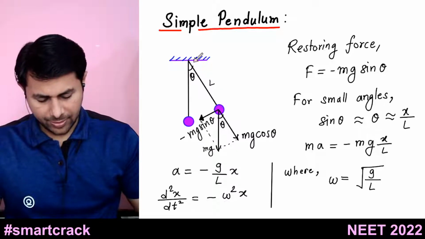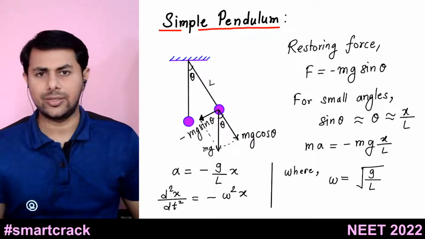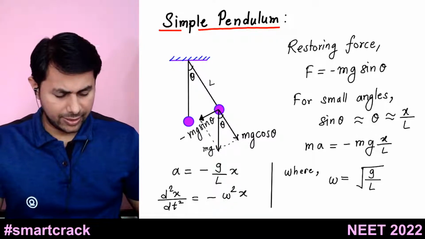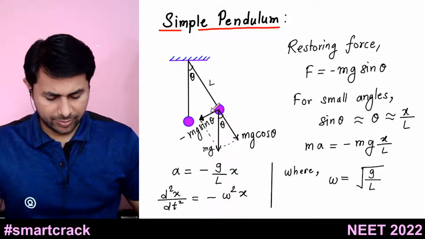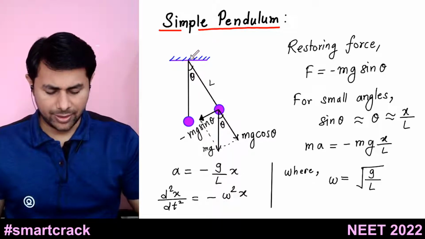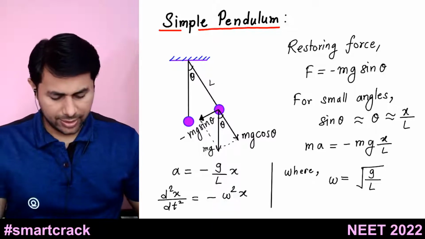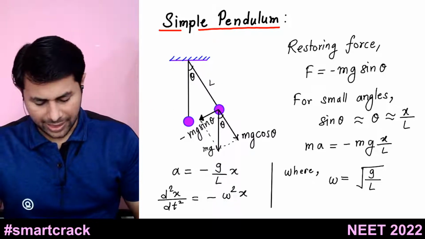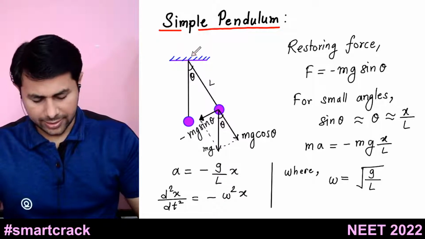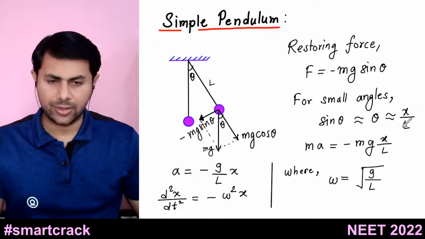So x upon L will give you theta. All right, so sine theta is nearly equal to theta, and that is displacement divided by L, because we know angle is equal to arc upon radius, right? If you consider this as a part of a circle, then this is the arc and this is the radius. So it is x upon L.